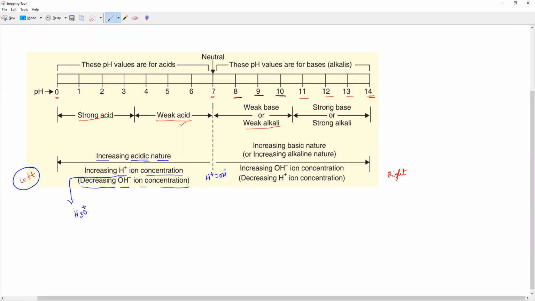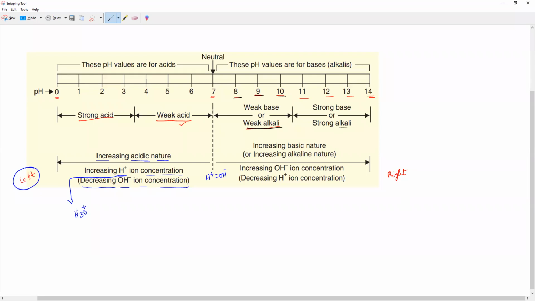Weak base, or weak alkalis, we used to say. Next, the pH values 11, 12, 13, and 14 are basically considered as strong base.